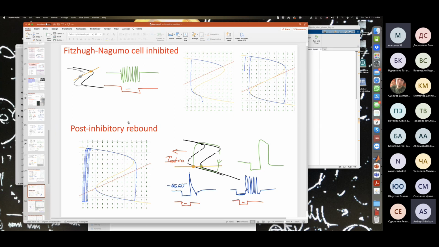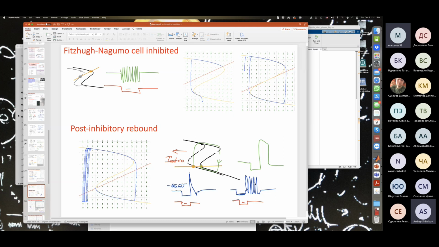All you do is apply a negative pulse like this to the cell, so its voltage goes down, and then you quickly release it from inhibition. And the cell should produce action potentials like this. So you apply a negative pulse, release it, and then it generates an action potential, or it may generate a single spike like this, or even a series of action potentials.